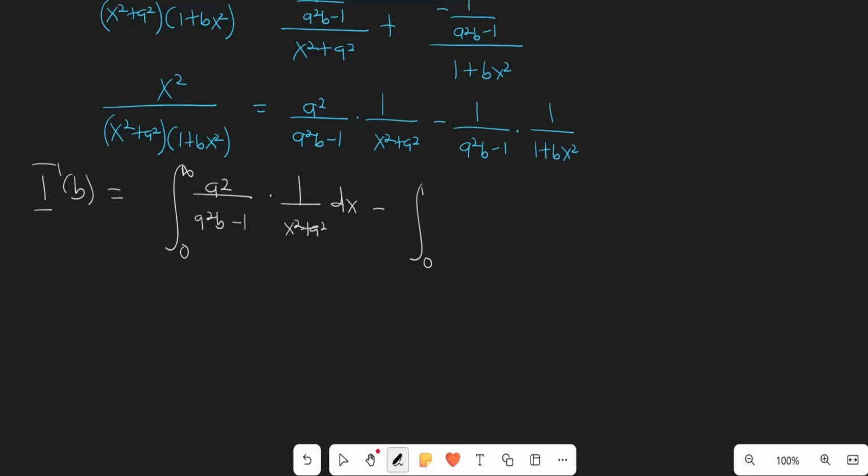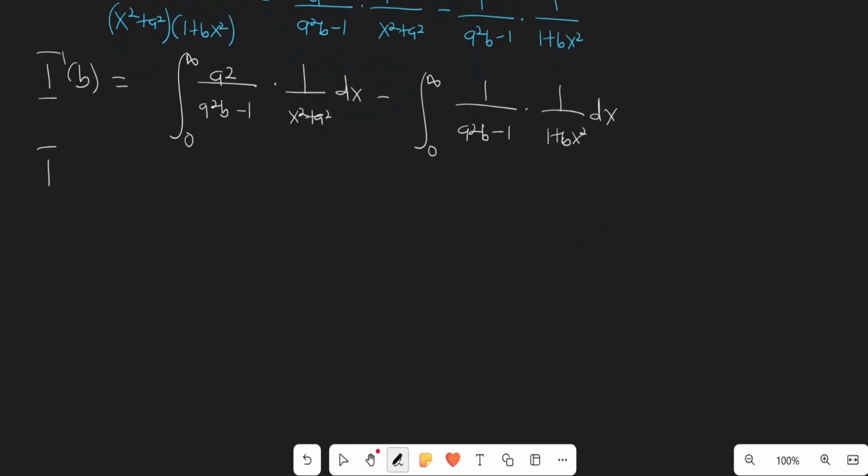Sorry about that. So this is 1 all over a squared b minus 1 times 1 all over 1 plus bx squared dx. Cool. So this is the partial fraction decomposition.